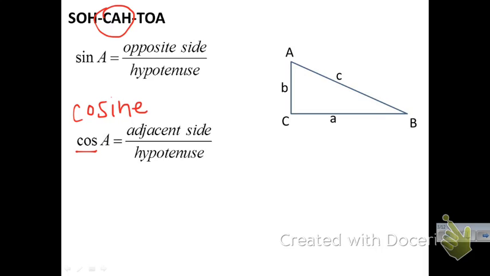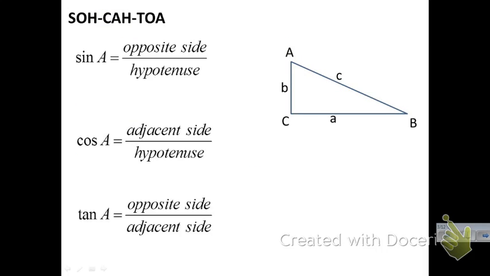Cosine of A is equal to the side adjacent to angle A over the hypotenuse, so it's equal to B over C. And our last one, tangent of the angle A, is equal to the side opposite A, that's what the O represents, so little a over the adjacent side to angle A, which would be B.